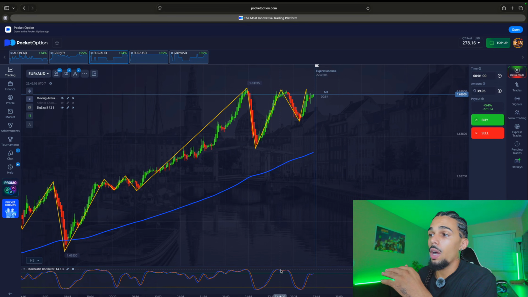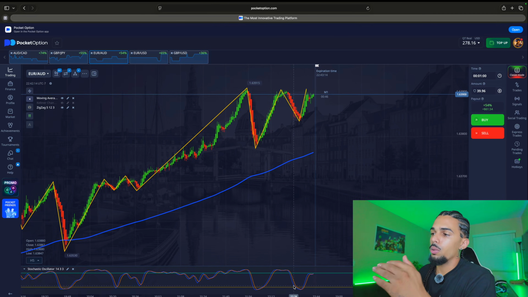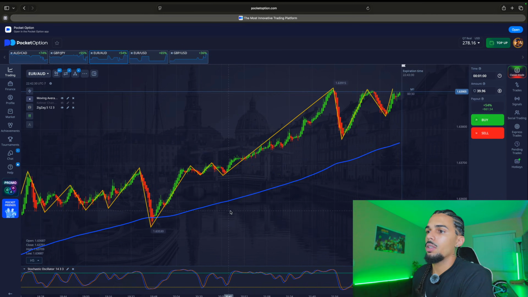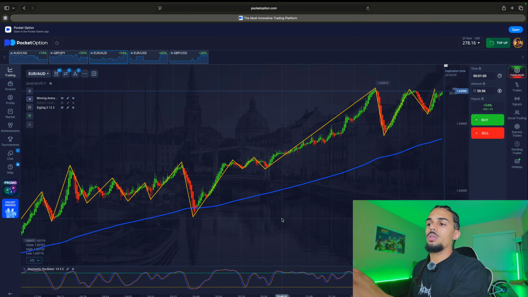Once it gets too high, it wants to come back down. Once it gets too low, it wants to come back upwards. The blue line is always leading the way, and the orange line is showing the momentum catching up to the price. So let's give some examples. And mind you, it's a reflection of the candles.